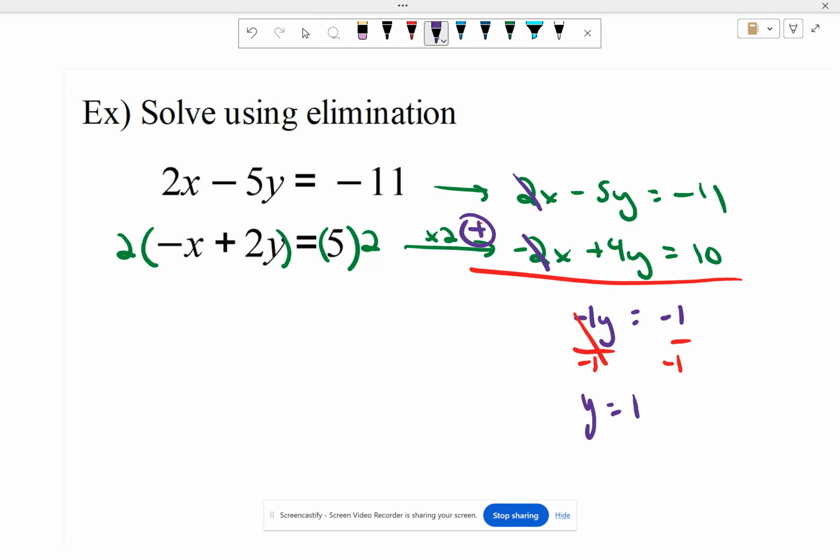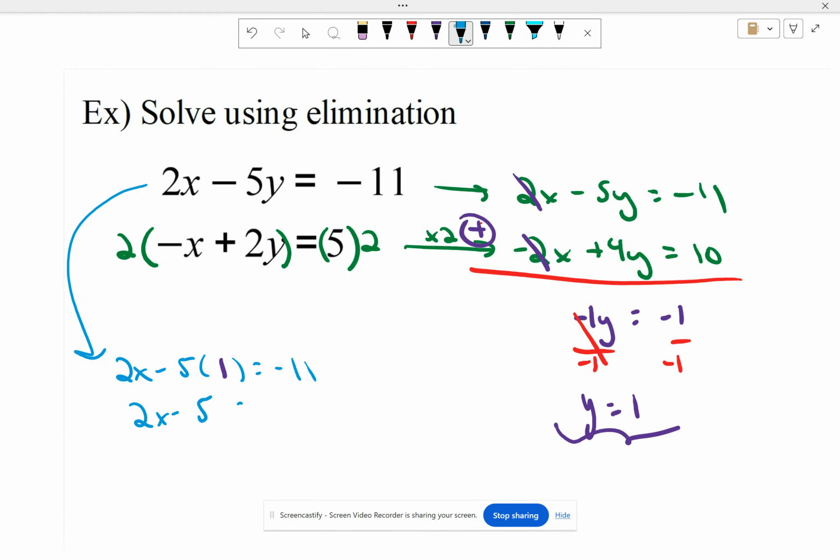Okay, so now that I have y, we're going to find x. Doesn't matter which equation we use, so let's just use the first one. 2x minus 5 times y equals negative 11, so I copy it down, but I replace y with 1. 5 times 1 is 5, so this just becomes 2x minus 5 equals negative 11.